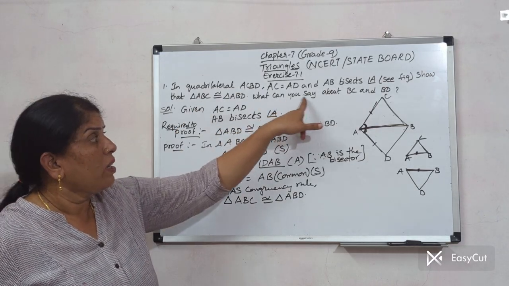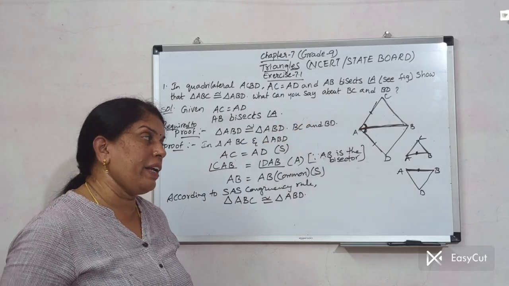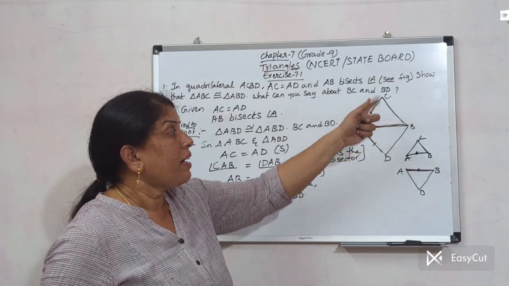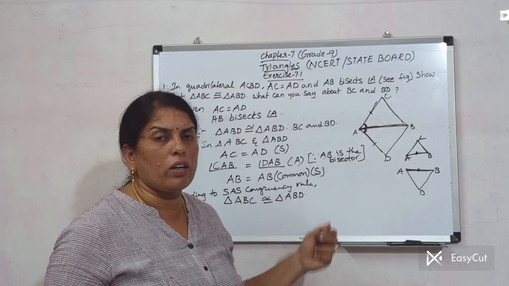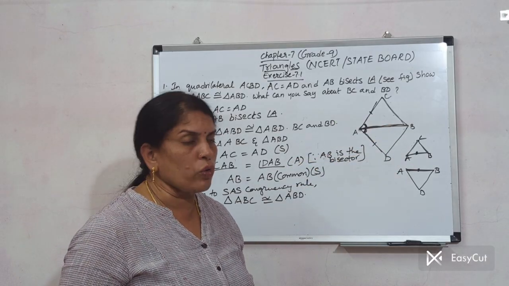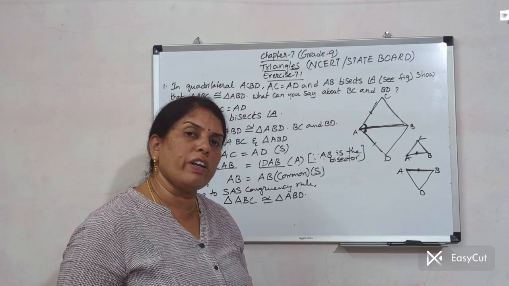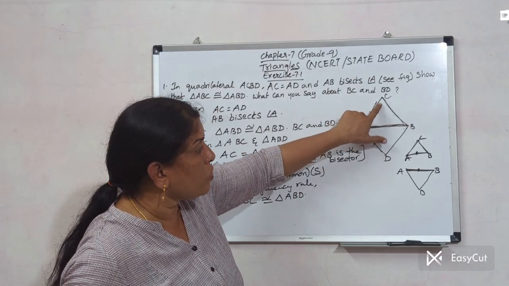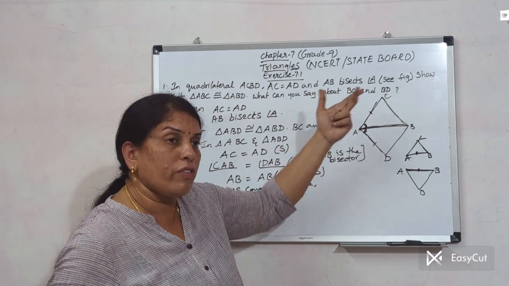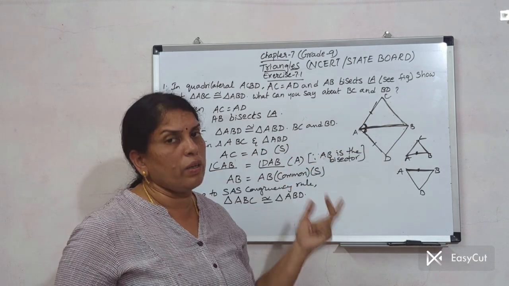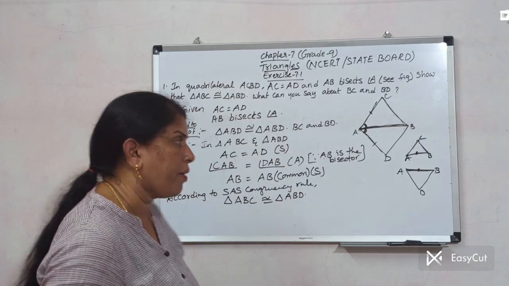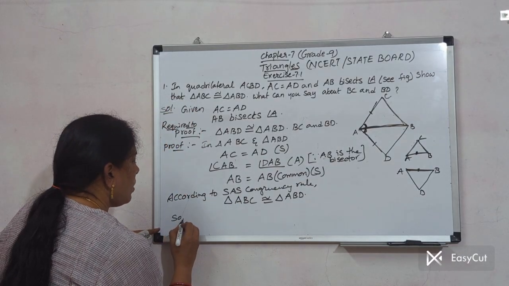What is the next one? What about BC and BD? Already I told you that if two triangles are congruent, the remaining sides and angles will also be equal as per the CPCT rule, corresponding parts of congruent triangles. Automatically these two sides will be equal and these two angles will be equal. Why? Because we already proved that the two triangles are congruent.